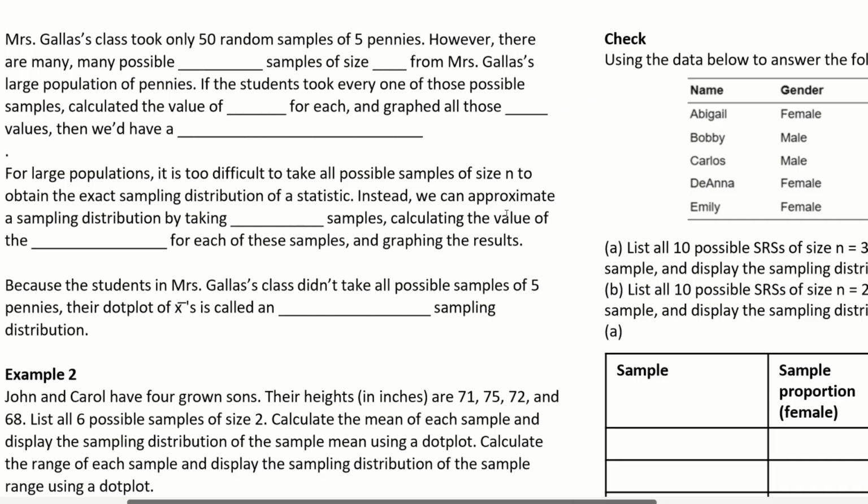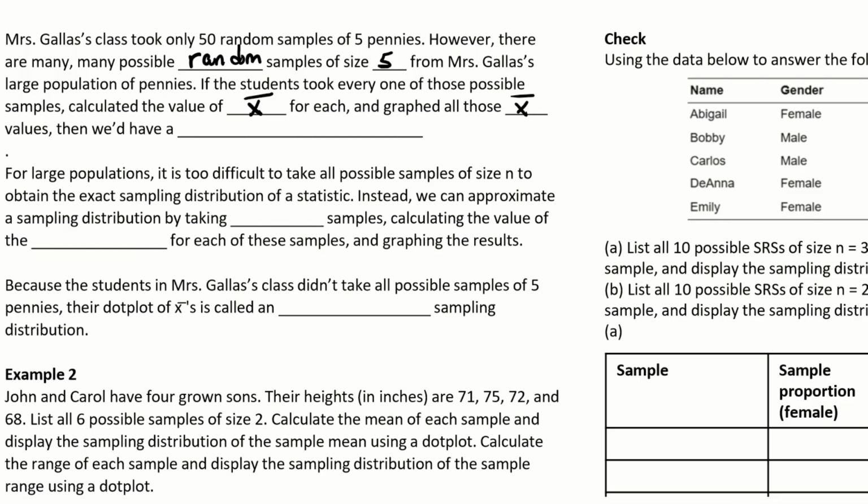However, there are many, many possible random samples of size 5 from Mrs. Gallus's large population of pennies. If the students took every one of those possible samples, calculated the value of X bar for each, and graphed all those X bar values, then we would have a sampling distribution.